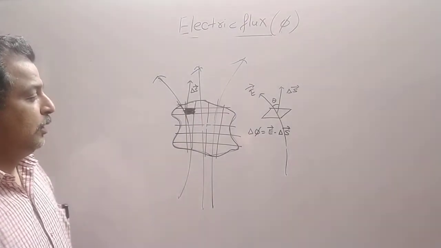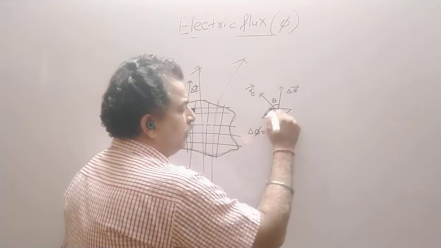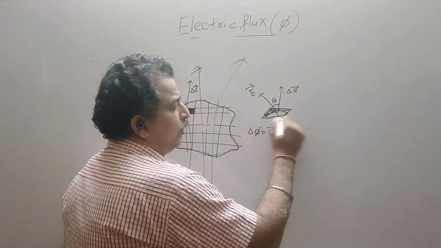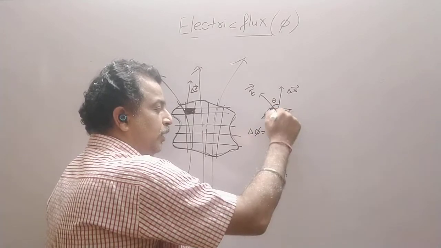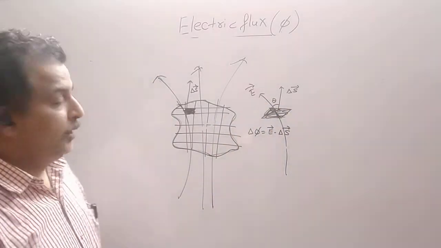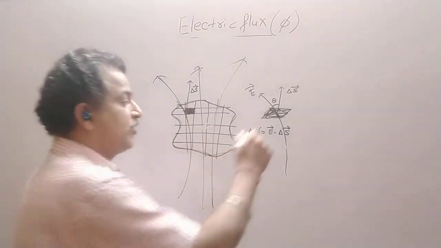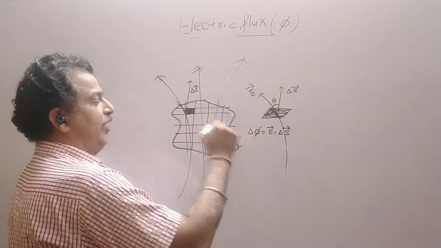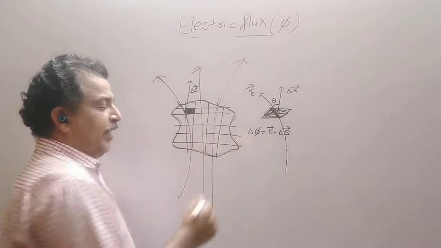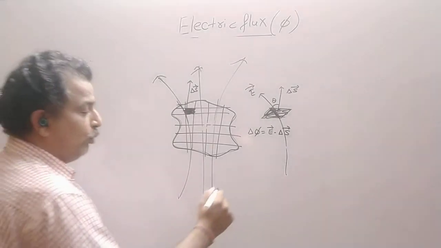Remember, we assume this element to be so small that the field almost becomes uniform. Field becomes uniform means the line should be straight within that area element. So the elements are made in such a way that the field is almost uniform.